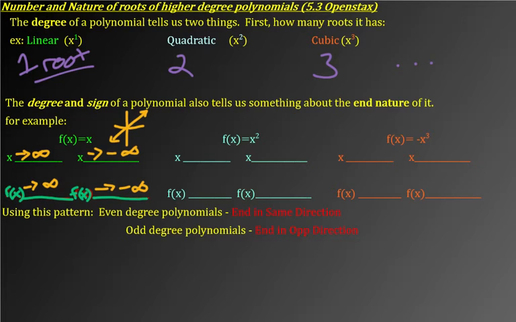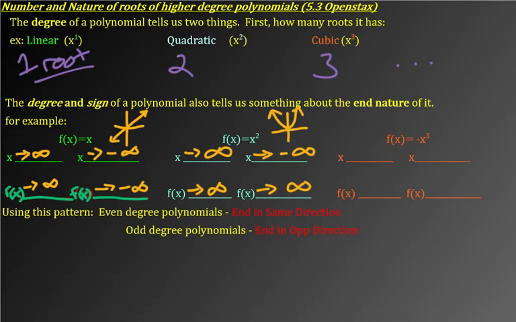It basically goes in the same direction. Then if you take a quadratic, just like x squared, as x goes out to infinity again, the function value goes to infinity. And as x goes to negative infinity, the function value also goes to infinity. They both end up in the same direction.